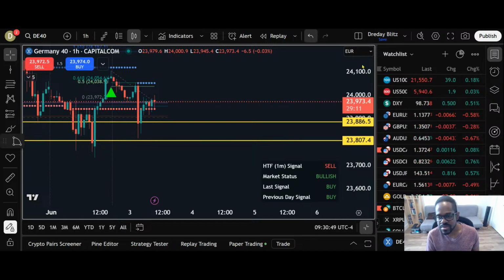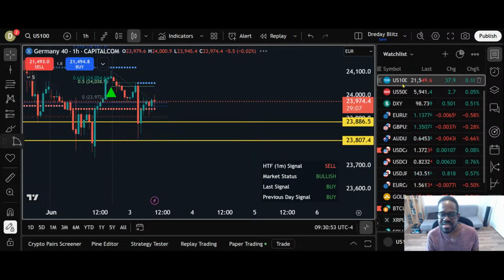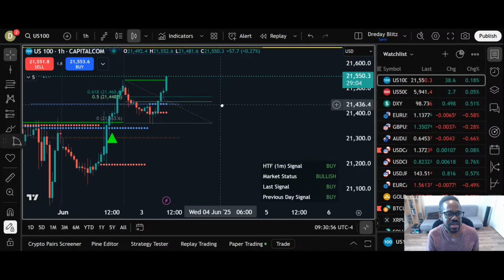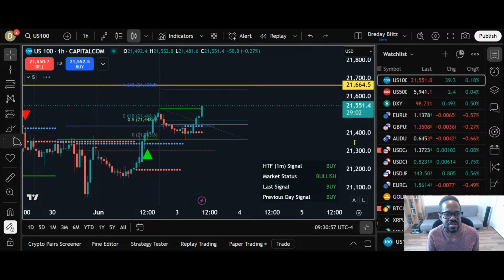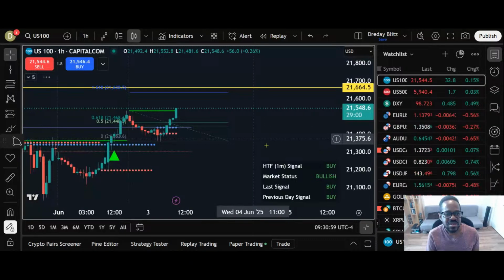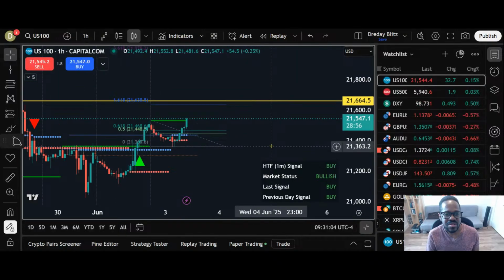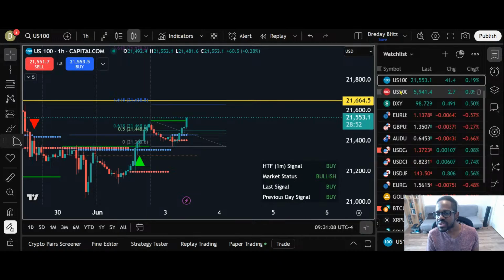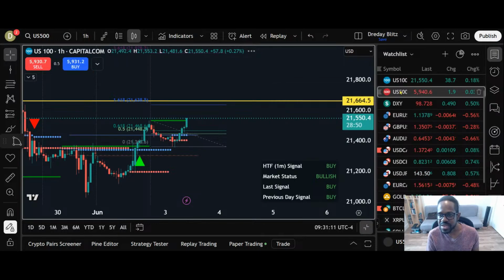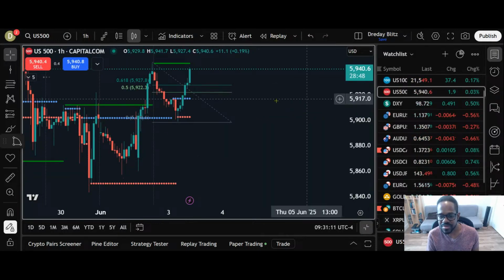930. Let's look at Nasdaq and see exactly the reaction that we have. So we're still bullish here. So we're bullish on Nasdaq. Let's look at S&P 500.